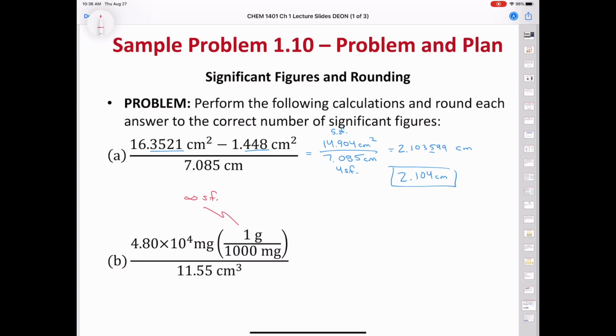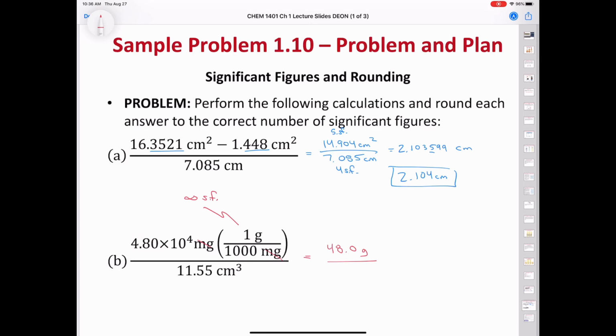And when we do that, we end up with our milligrams canceling out, and we have 4.80 times 10 to the 4 divided by 1,000, and we actually end up with 48.0 grams for our numerator. Again, we're limited to the 3 significant figures that are in the mantissa in this number right here.